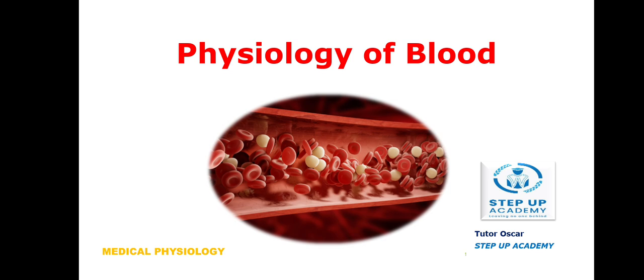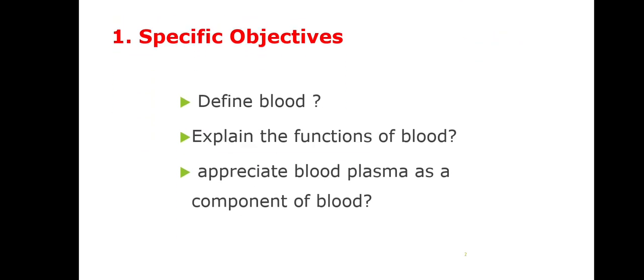So with the physiology of blood, there are some specific objectives that we are going to focus on in this tutorial. The first one, we are going to define what blood is. We are also going to explain the functions of blood. Then we just want to appreciate the blood plasma as a component of blood.